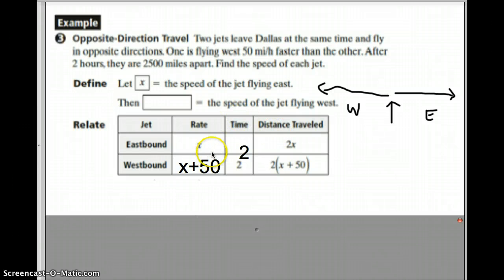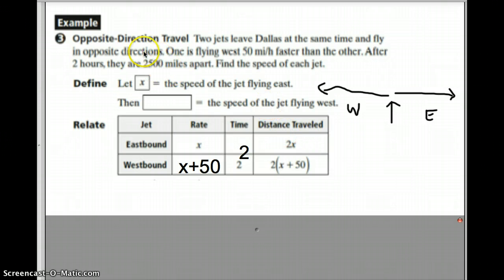All right, so we have our eastbound. I'm going to let x be the speed of my eastbound jet. My westbound jet, think about it, if it's traveling 50 miles per hour faster, it's going to be x plus 50. That's my rate. My time for both of these is 2. So my distance traveled, again, rate times time equals distance.